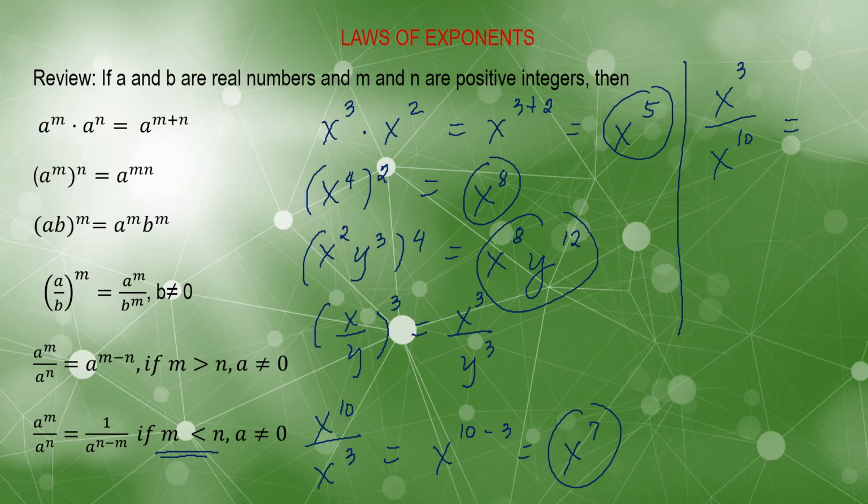So if this is the case, this will be equal to 1 over x raised to the difference between the two, 10 minus 3, and that will be 7. So the answer will be 1 over x raised to the 7th power.